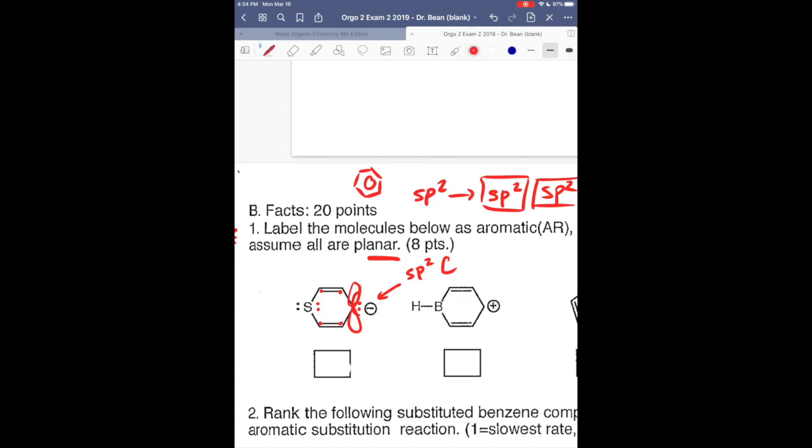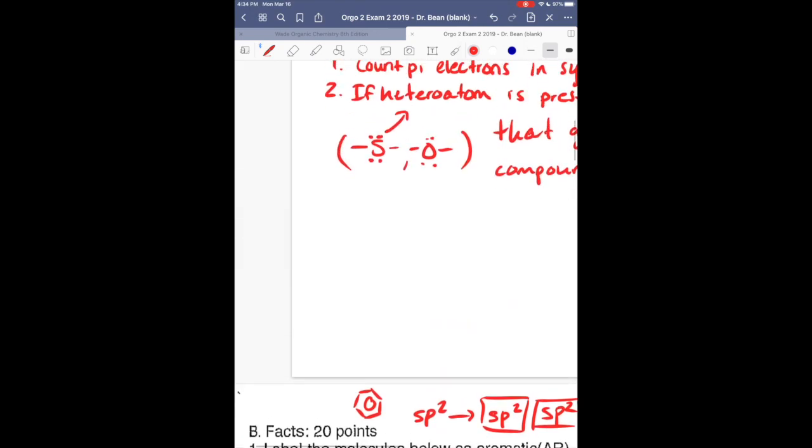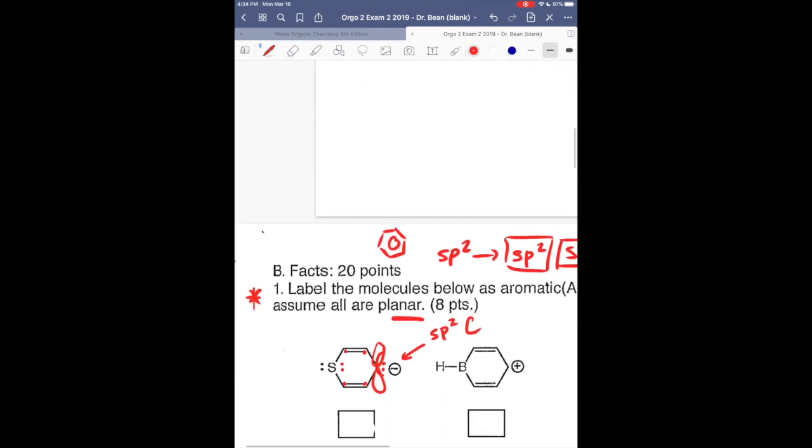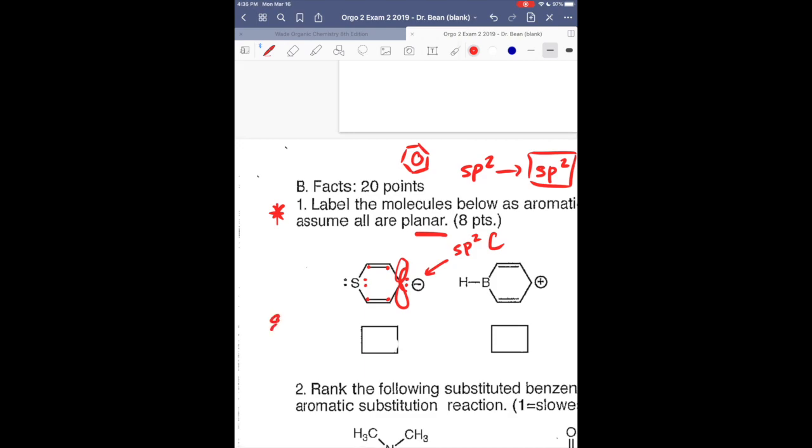So what would our answer be? We would have 1, 2, 3, 4, 5, 6, 7, 8. We would have hypothetically 8.